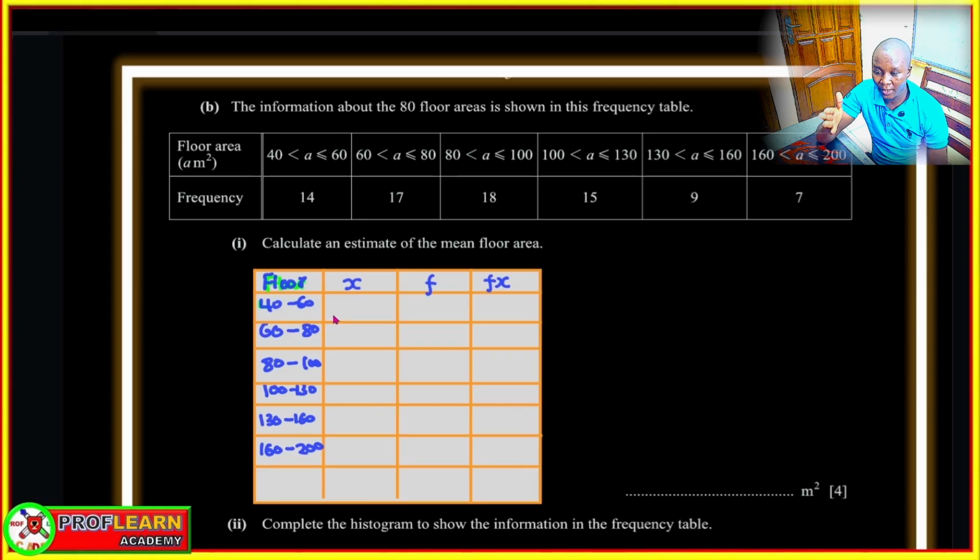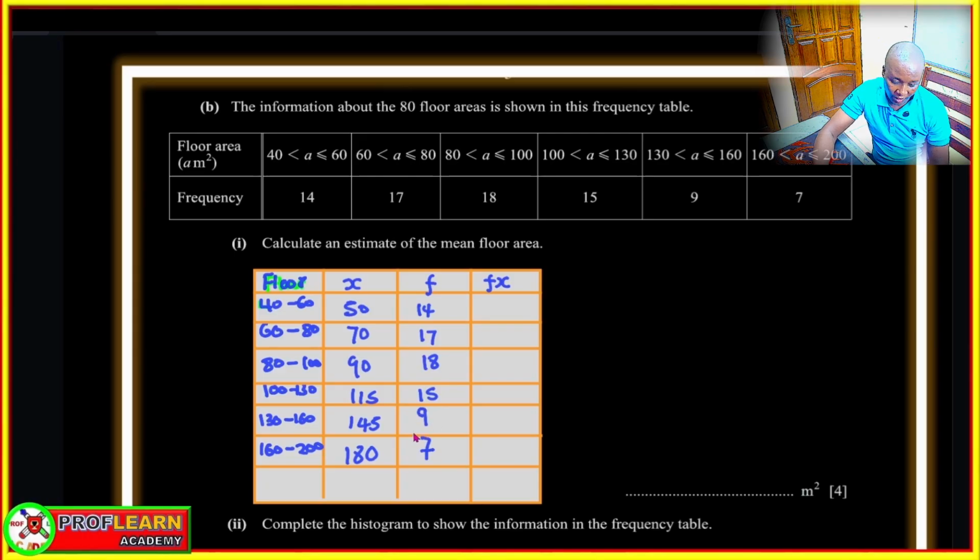That's the midpoint, and that's going to be in the column of X, right? So we can complete that column for X, and 160 plus 200 divided by 2 is going to give us 180. Then frequency was given as 14, 17, 18, 15, 9, and 7.